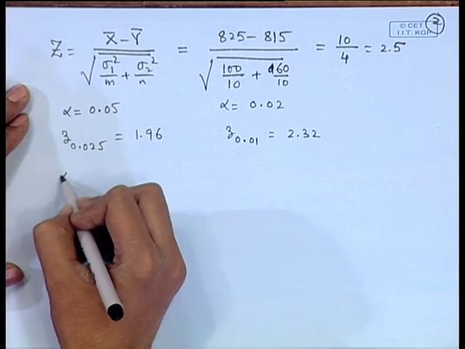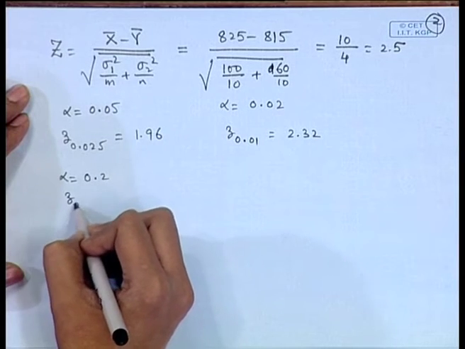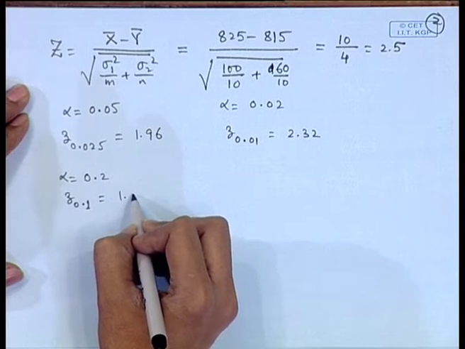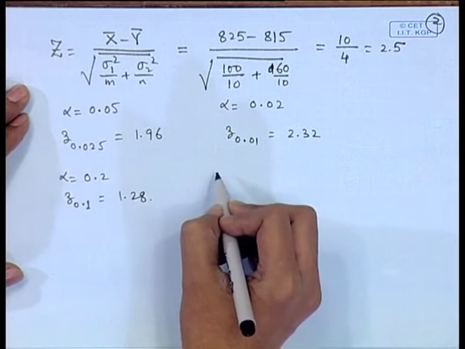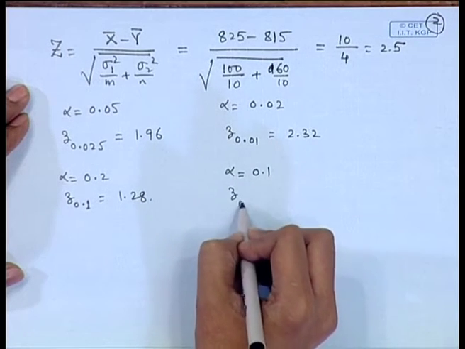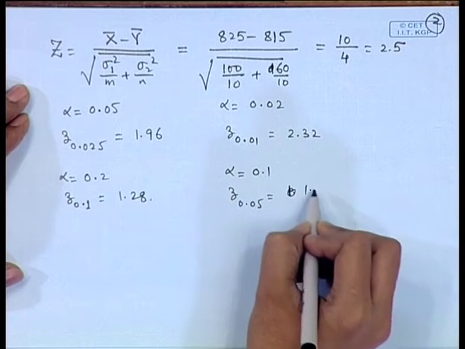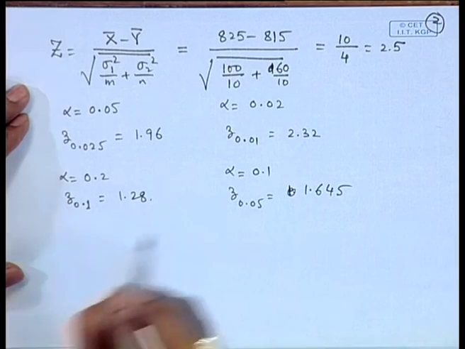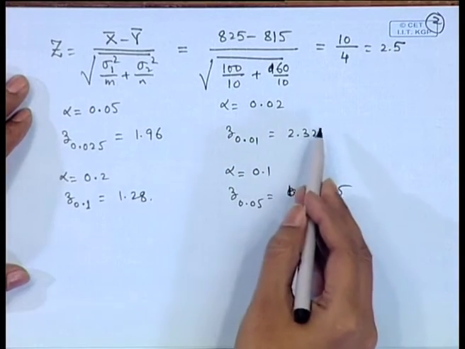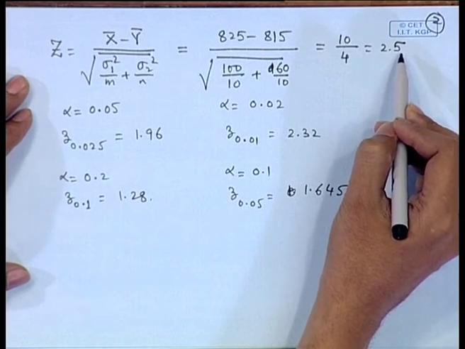Suppose alpha is equal to 0.2, then I will see z of 0.1, that is equal to 1.28. Suppose alpha is equal to 0.1, then I will see z of 0.05, that is 1.64. You can see here all of these values are smaller than this value.